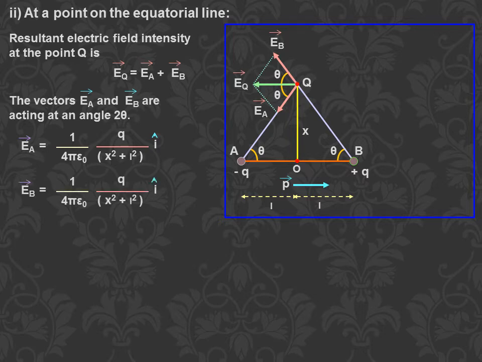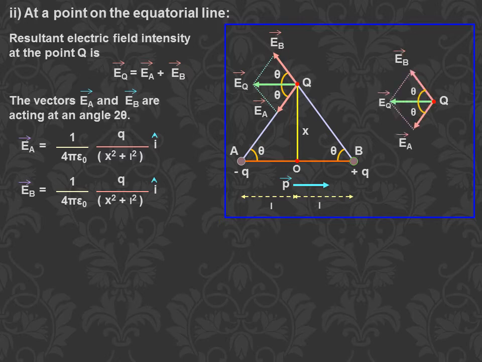In a similar manner, we can find the electric field intensity due to plus q charge, that is EB, which equals 1 upon 4 pi epsilon naught, q upon x square plus L square, along the x-axis, that is i cap.